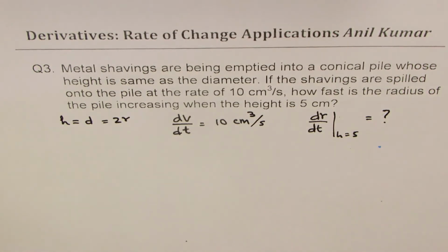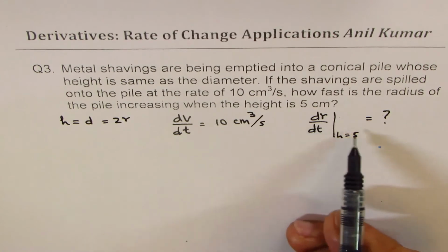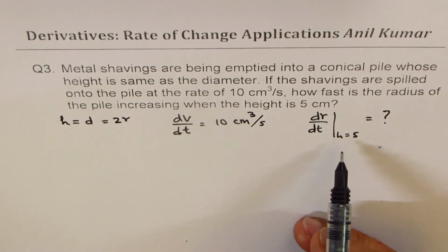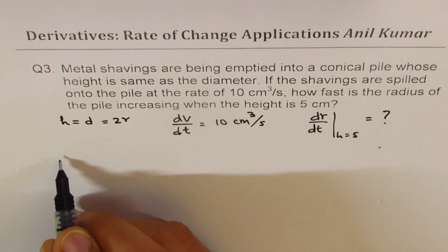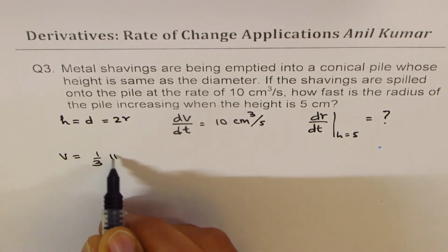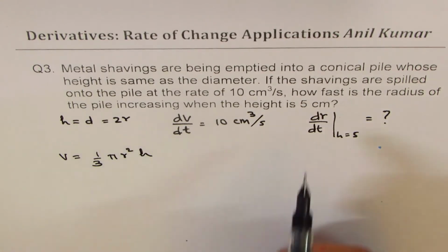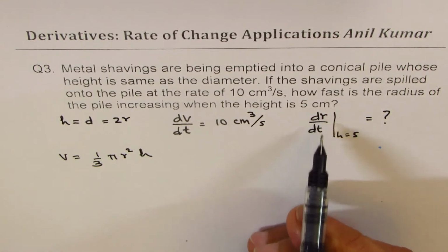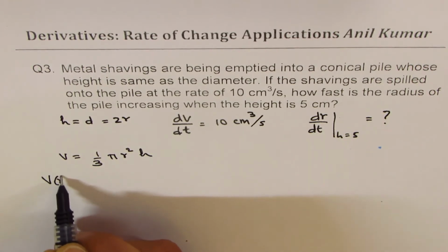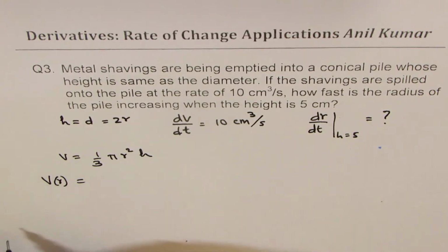Right? So I think the situation is absolutely clear. That is the question. I'm not even sketching this time. You know what we are going to do. So first step is to write down the formula of volume, which is 1 by 3 pi r square h. You need to find dr dt, right? So we need to find volume in terms of r as a function of radius.